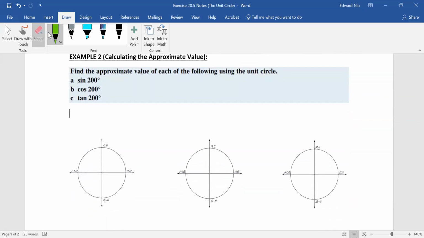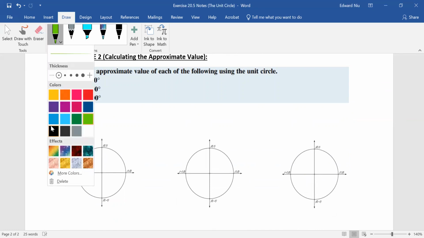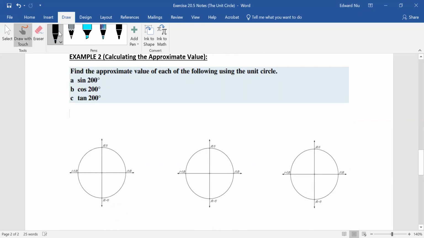Here it says, find the approximate value of each of the following using the unit circle. Should be nice and easy. So 200 degrees: cosine 200 degrees, sine 200 is the first one. So let's write that one in. This one here can be cosine 200 degrees, and tangent 200 degrees.